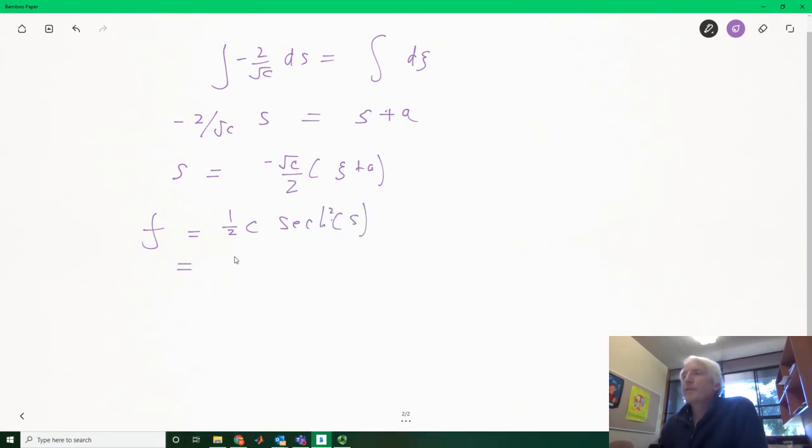So the function f must be a half c sec squared of, and then we can get rid of the minus here because sec is an even function in any case. So there is the function. We're almost at the solution here.